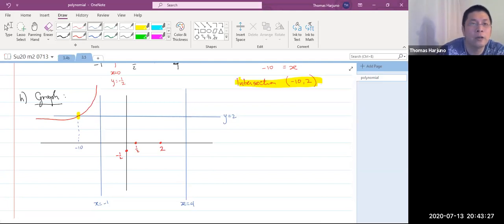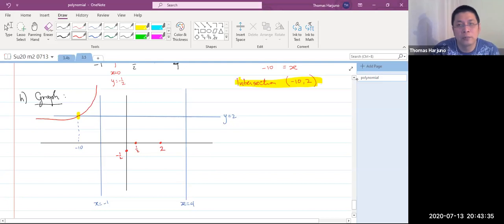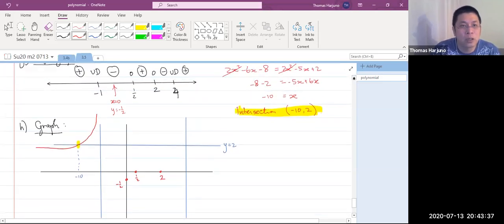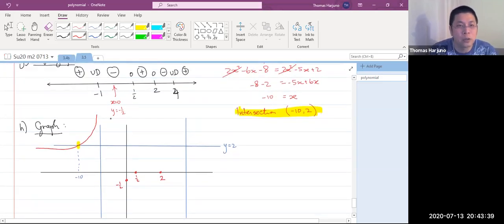Okay, now then, furthermore, we know x equals -1 is a critical number with multiplicity of 1, such that there's a change of sign between the left of -1 and the right of x equals -1. So from positive infinity here, this must come from -infinity going up.